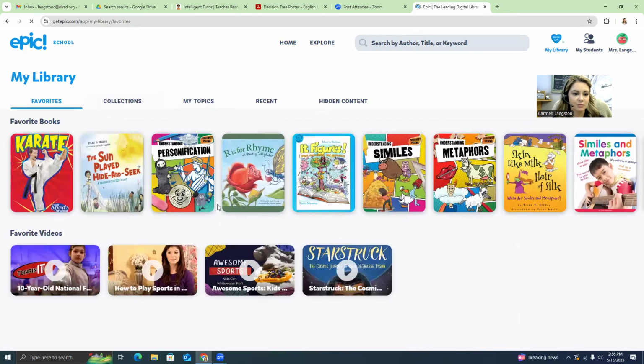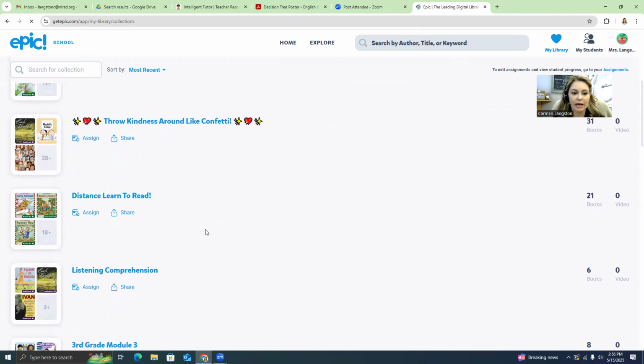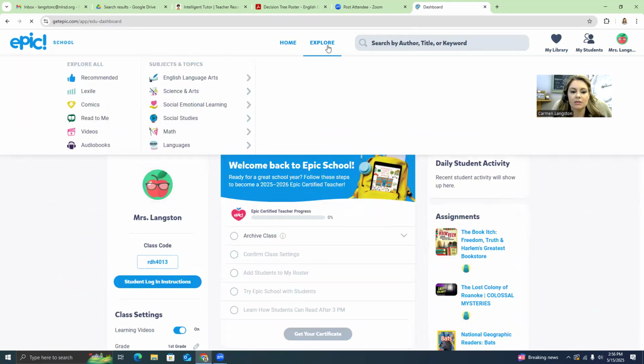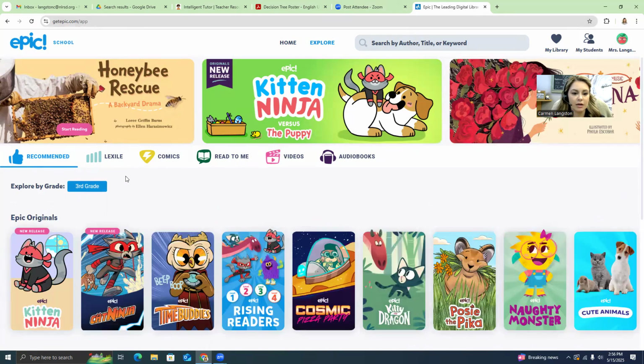I have collections of books that you can check out that have different topics. But as far as just looking at them, you can hit explore. Again, you can search here. You can explore by grade. I've got 3rd grade highlighted right now. There are tons and tons of different kinds of books.